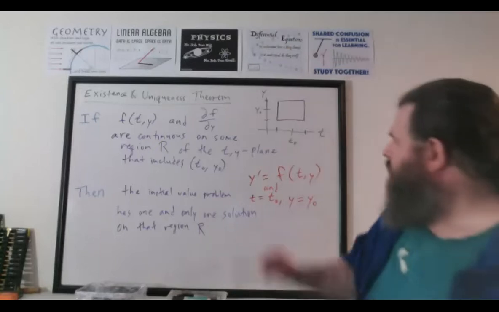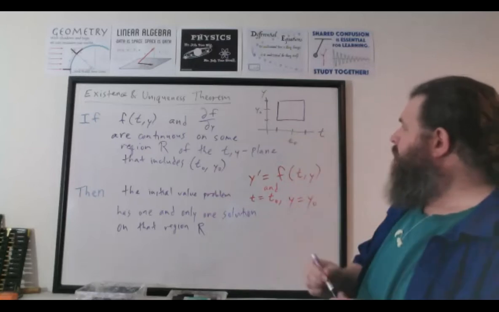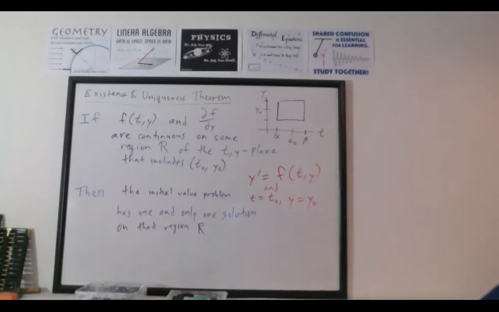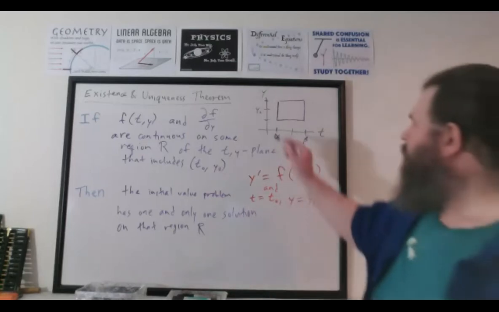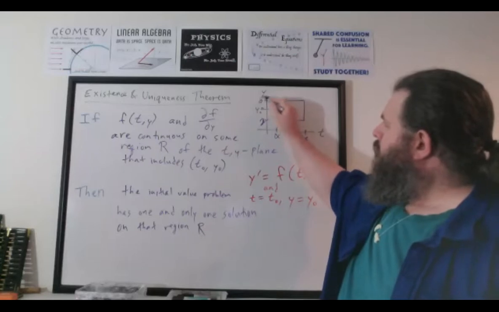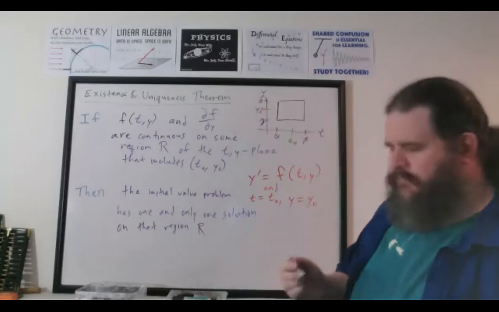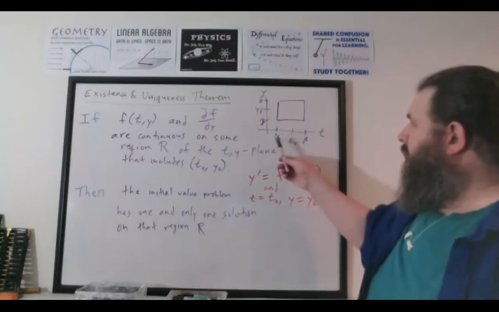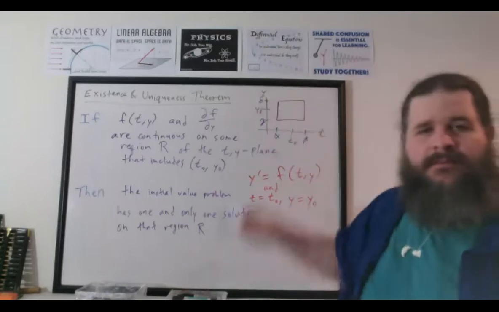Yeah, t values from alpha to beta, and y values from lambda to delta. So the book is just describing variables representing the bounds of that rectangle.